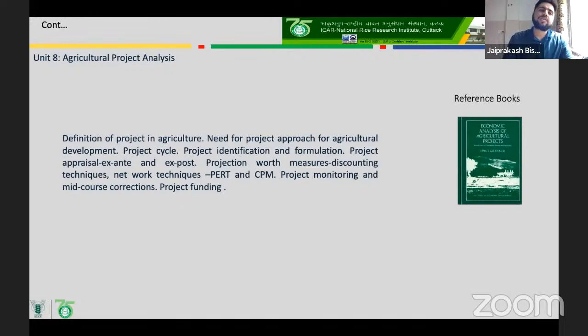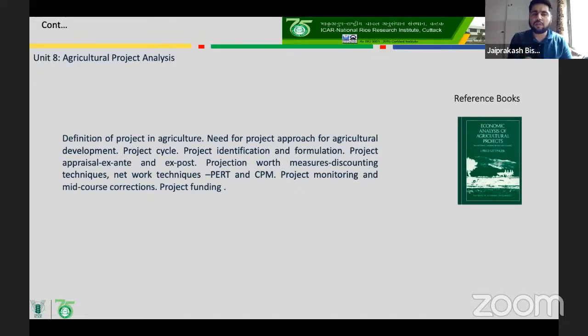Okay, now for agriculture project analysis, the book by Gittinger is a wonderful source. But the thing is that it is a very costly book and perhaps may not be available online. So what you can do here is take a particular topic like PERT and CPM, whatever topic is here.